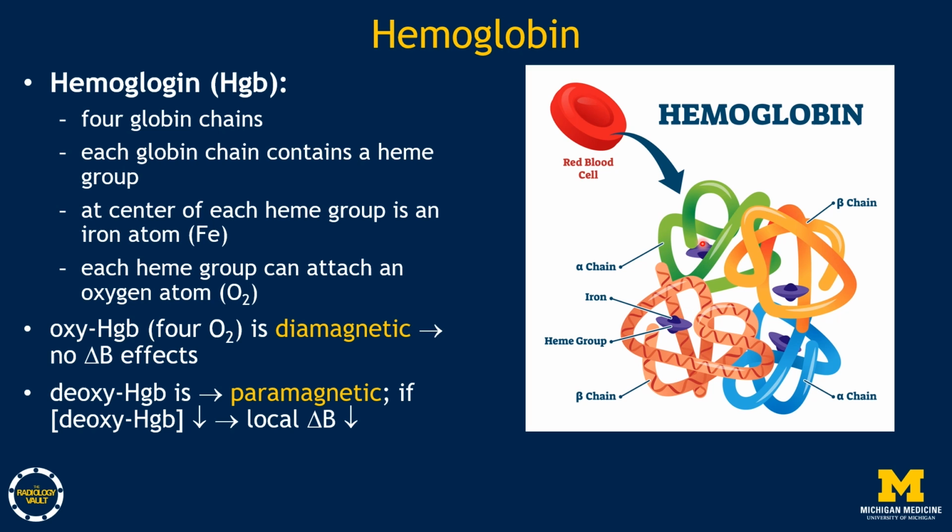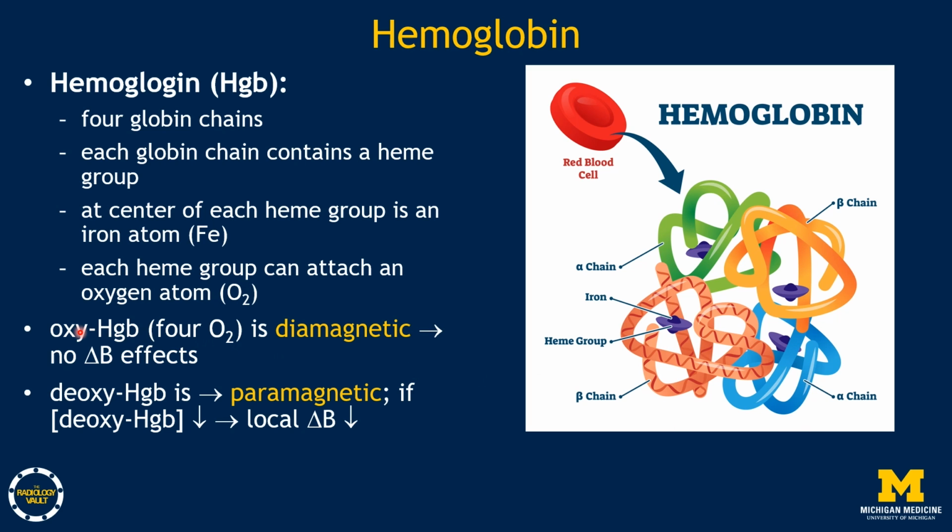So all the ferrous atoms will bind with an oxygen from the lungs, and then it will flow with the heart pumping to different parts of the body, and we are interested in the brain right now. So it will flow to the brain and then supply oxygen for metabolism. Now, whenever iron combines with an oxygen, the molecule is known as oxyhemoglobin.